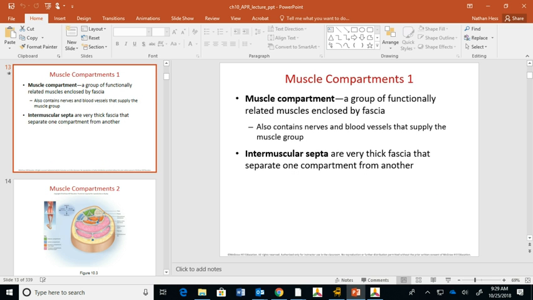Okay, let's keep going. Fascia also will divide muscles into what we call compartments. Your textbook has this really nice piece on page 312 that talks about compartmental syndrome, where you can get irritation, inflammation, infection even in a certain compartment of your body. Has anybody ever had shin splints before? Yes.